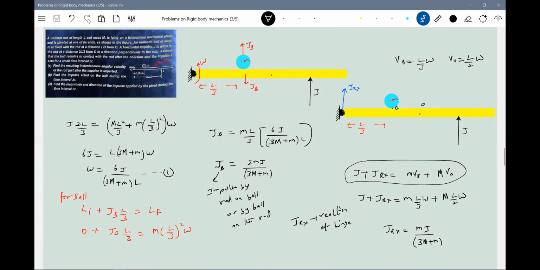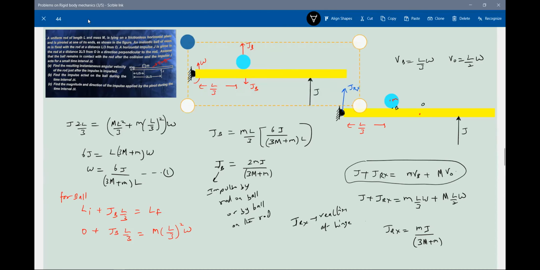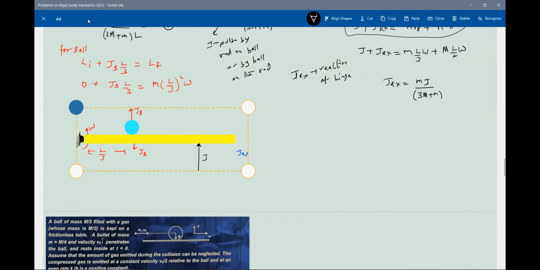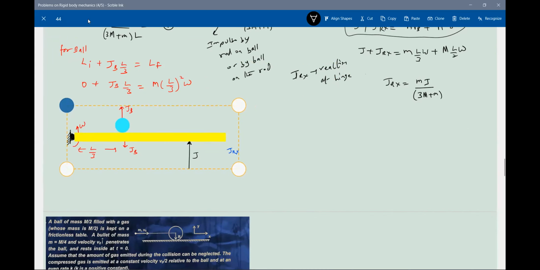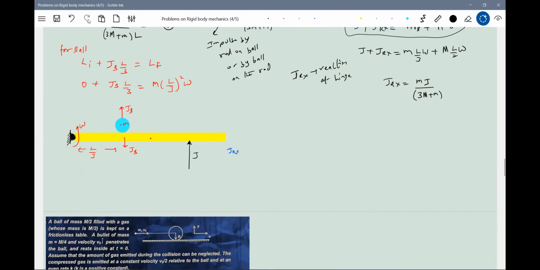Now, same thing: if there is no hinge, what are you going to do? What will be your response to the problem? Let's discuss that. There's no hinge. How do you manage this question now?